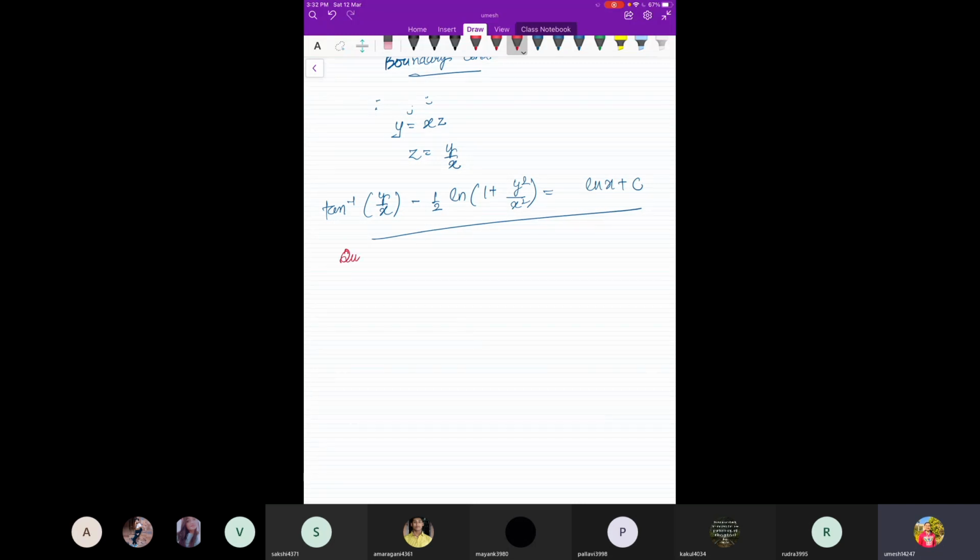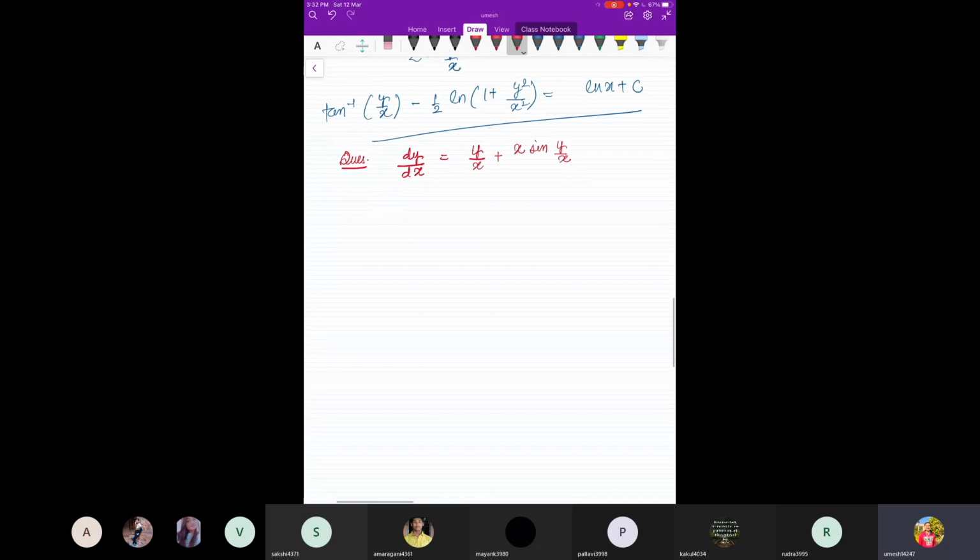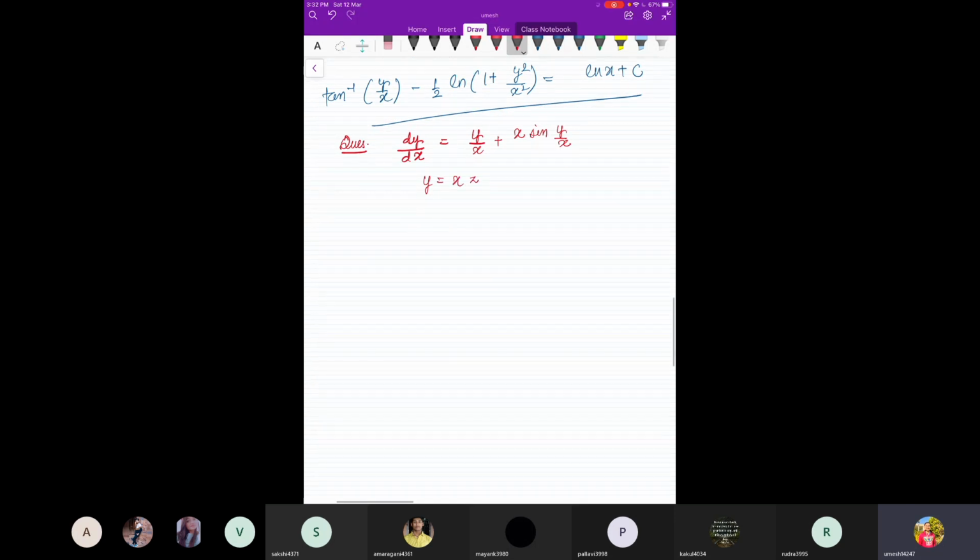The question is dy by dx is equals to y by x plus x times sine y by x. Okay, this is a homogeneous equation, we clearly know that. So we will be putting y is equals to xz. Okay, we will be taking the derivative with respect to x.